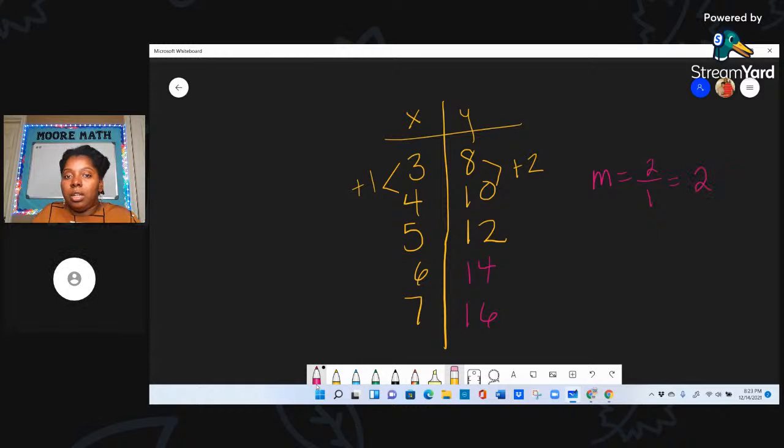Good. So now we're going to do y equals mx plus b. Now we have 2x instead of m. Give me an x. 4. All right, so let's take 4. Instead of x, we're going to put 4.